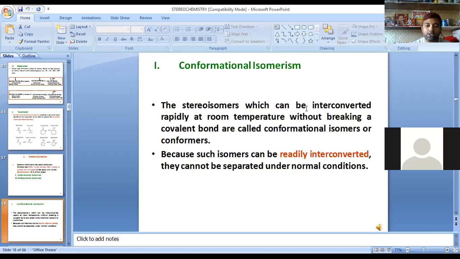Because such isomers can be readily interconverted, they cannot be separated under normal conditions. Separation of these molecules is very difficult. Understood?